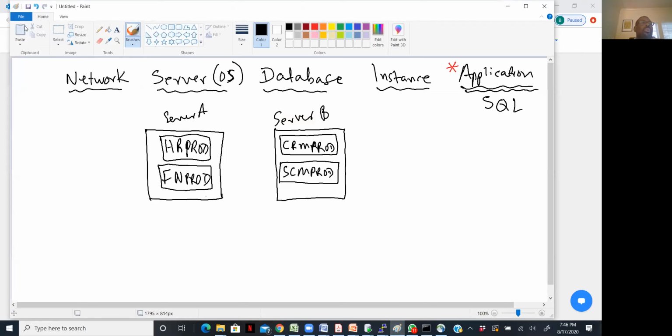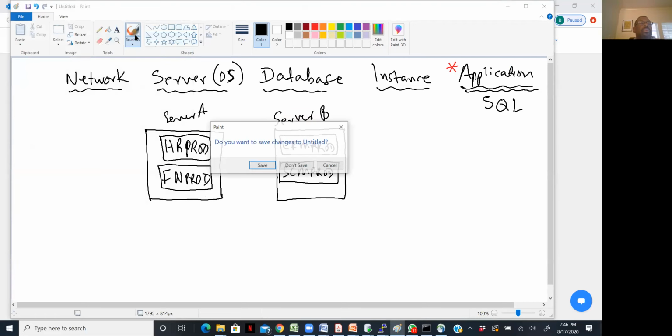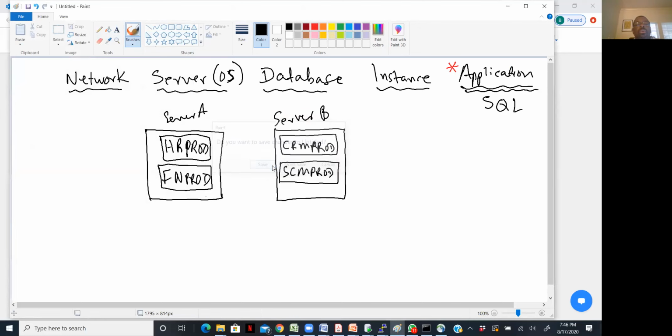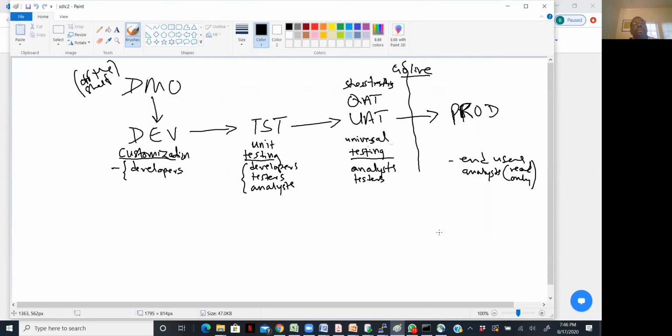The UAT. It's made up of developers, test, UAT, or sometimes QAT, and production.